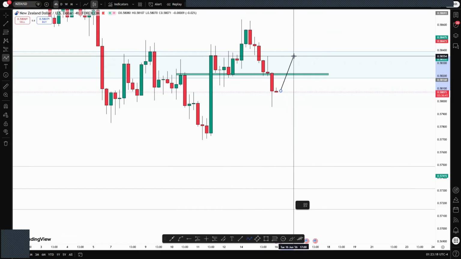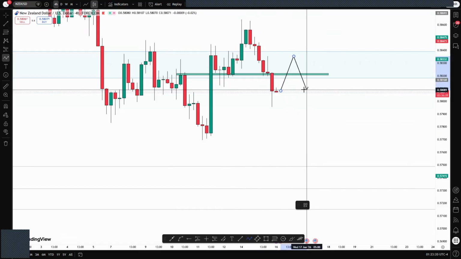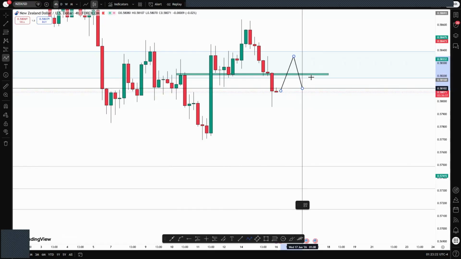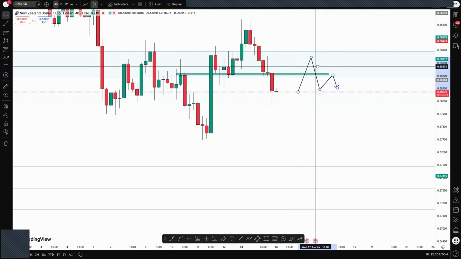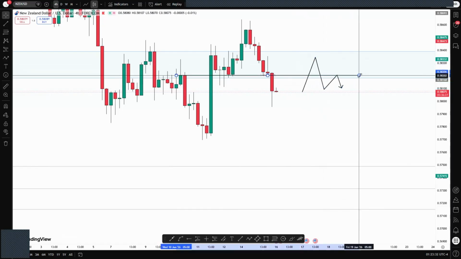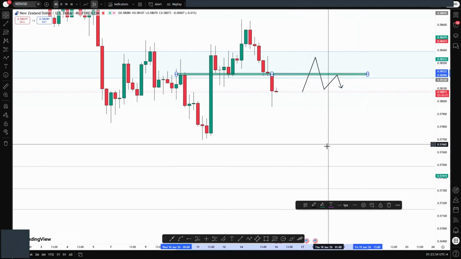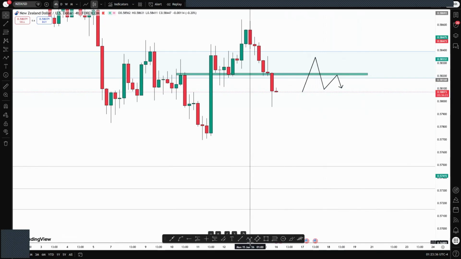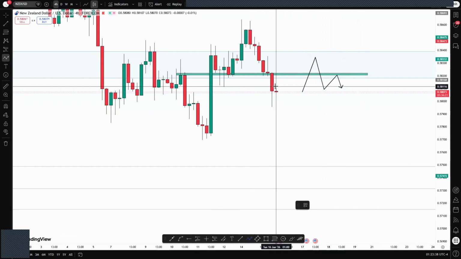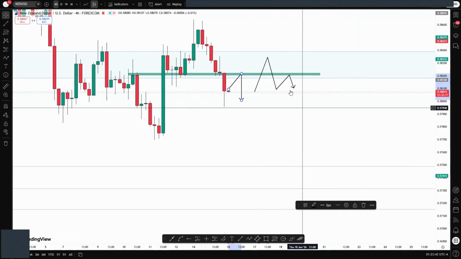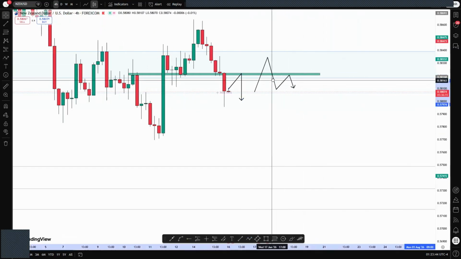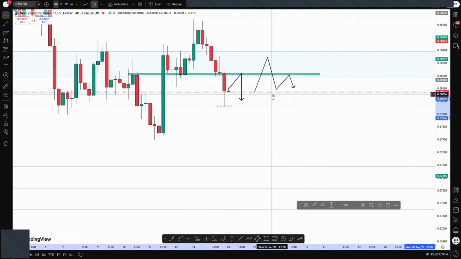And then we wait for price to break out and that retest, the engulfing. And then we can sell. This can also happen. Our price can just simply retest, give you that engulfing, and you sell. Okay?